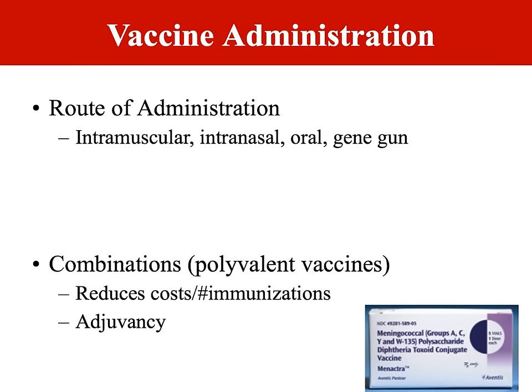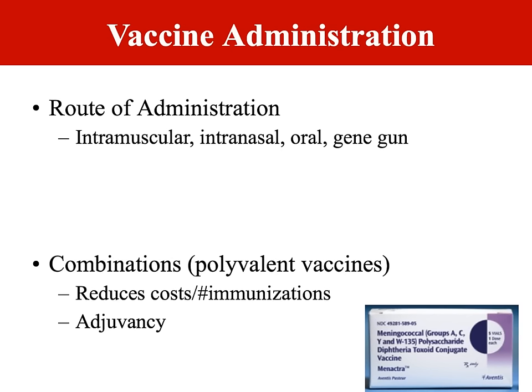All right, so a quick point about vaccine administration. Vaccines can be administered in one of 4 major ways for humans. For veterinary medicine, we have a few additional ones, but far and away the most common is intramuscular, meaning you do a quick injection into the muscle tissue.